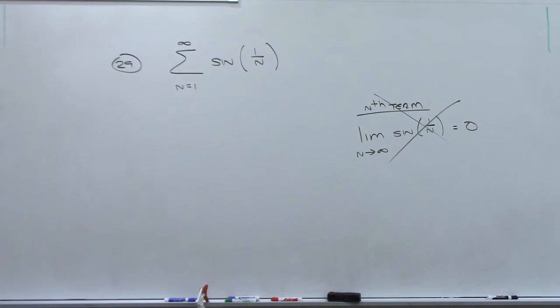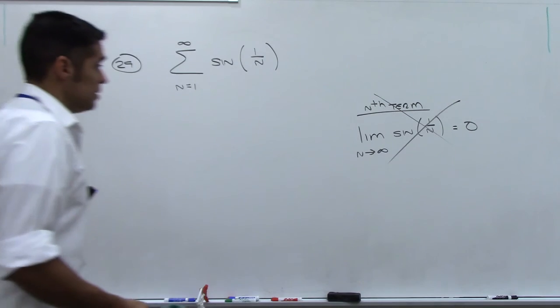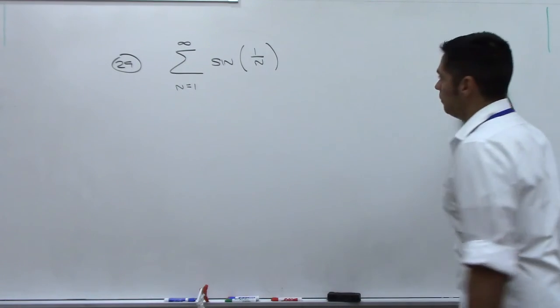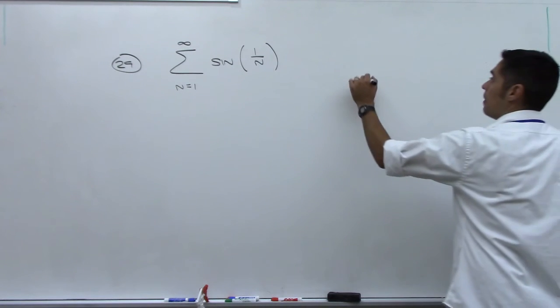So, do I want to try and integrate sine of 1 over n? Do I want to compare it to something? What in the world do I compare that to? I mean, this is not obvious at all. Could we even integrate that? Let's just think about this.